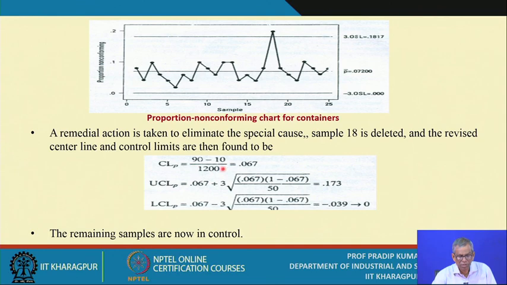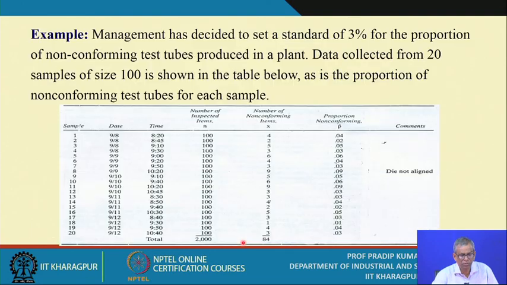So it is the revised value of the center line, and similarly the revised values of the upper control limit as well as the lower control limit are computed. And we find that the remaining samples are now in control.